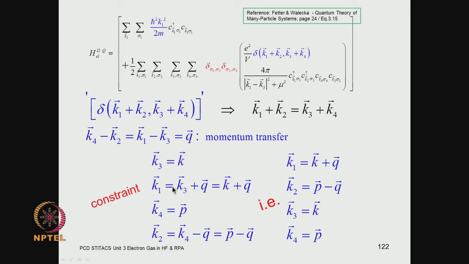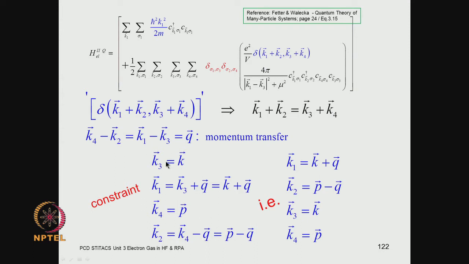And if you write these 4 momentum variables in terms of new parameters k, q and p, these are the 3 new variables that we introduce. So we write k4 equal to p, k1 equal to k3 plus q, but k3 we set equal to k. So now instead of k1, k2, k3 and k4, k2 becomes k4 minus q, which is the same as p minus q.